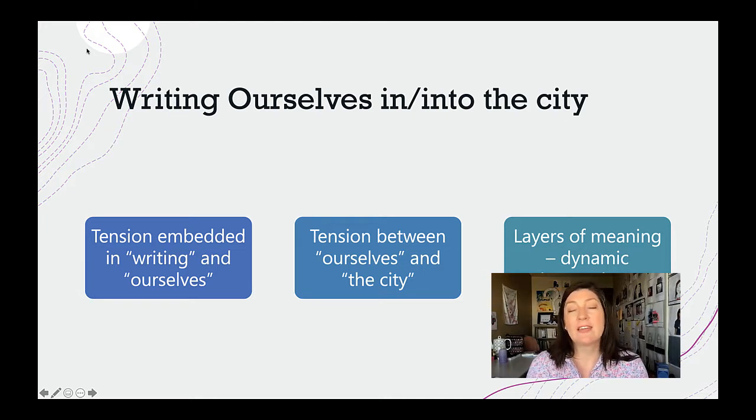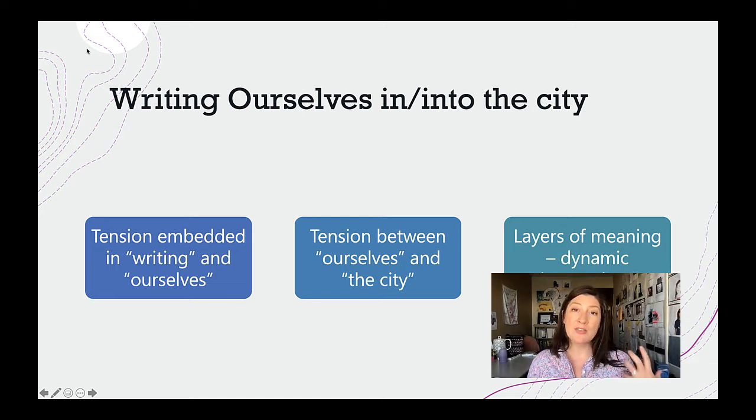I'm not doing a very good job of summing up decades of literature, but there is a tension between the process of writing and the self who writes. There we go. That's a nice, succinct way to put it. And this is also going to ricochet or ripple out into tensions between ourselves and the city.